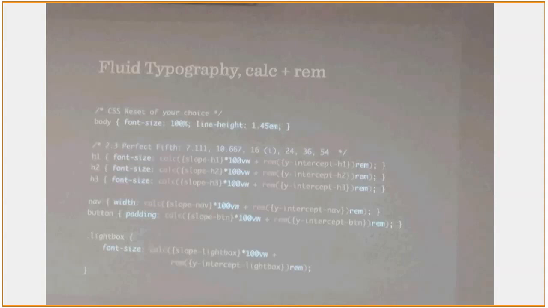For example, I'm not sure if you noticed H1. I'm not sure what he meant by slope or Y intercept, but I will share with you later an article which explains more about that fluid typography.